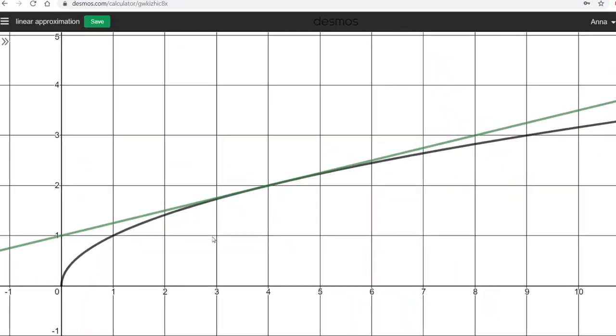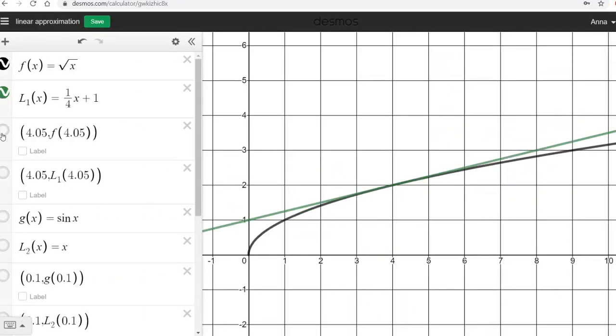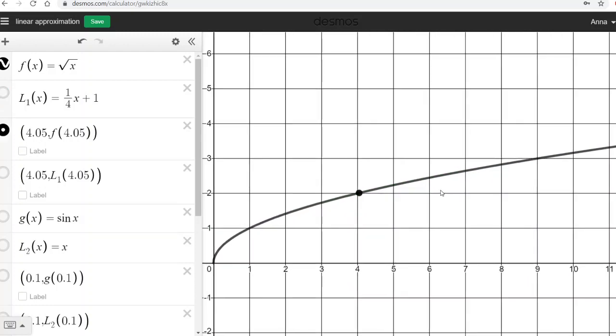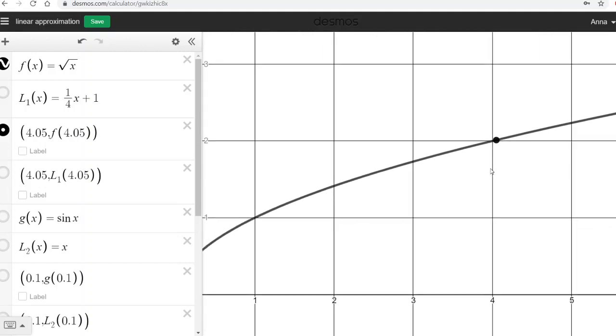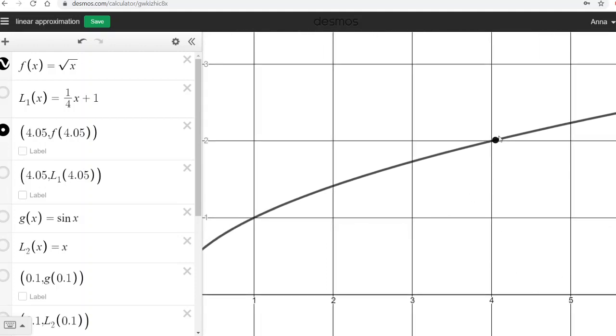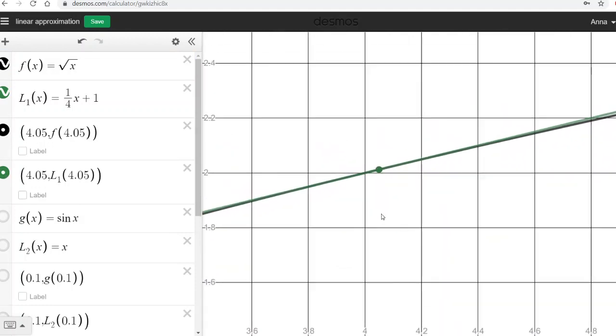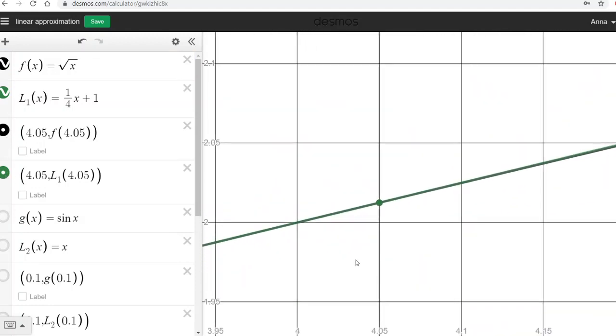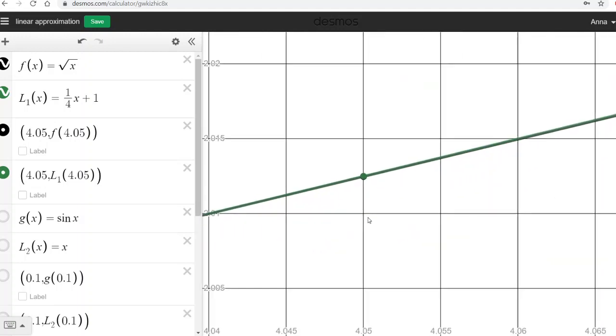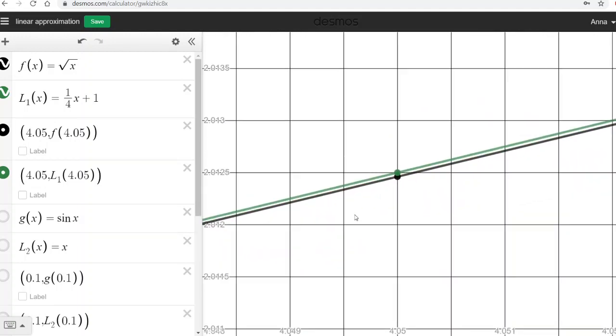And just to show you that on the graph, the function in black is our original function, and on the graph right now is the actual point at 4.05, so it's 4.05 and then f of 4.05. Here's the tangent line, and in green is going to show up the point on the tangent line. And so they almost look like the same point. I'm going to keep zooming in until you can actually tell that they're two different points, and it's going to take a while.